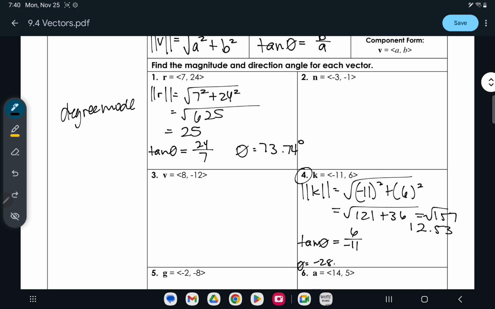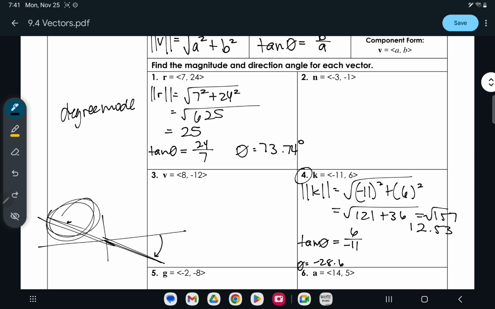which in my calculator gives me negative 28.6. But if I think about where this vector is, negative 11, 6, we are up here. So the negative 28 tells me I'm somewhere here-ish, going this way. I need to be up here.